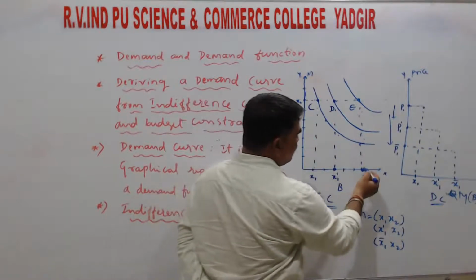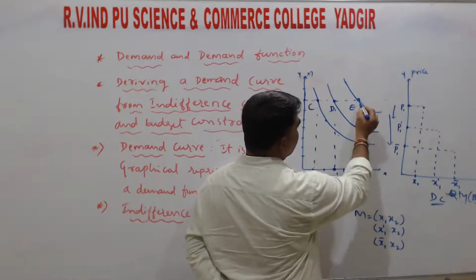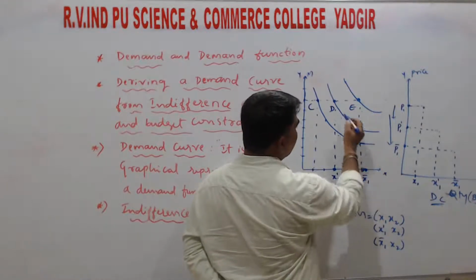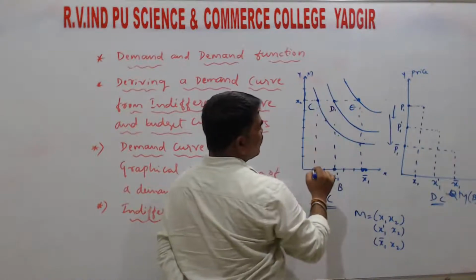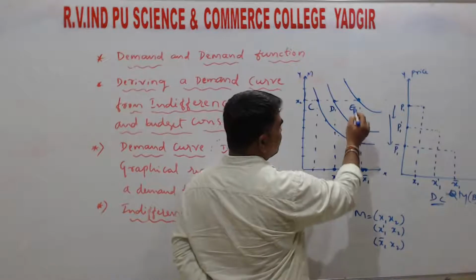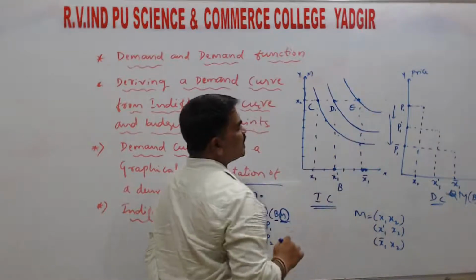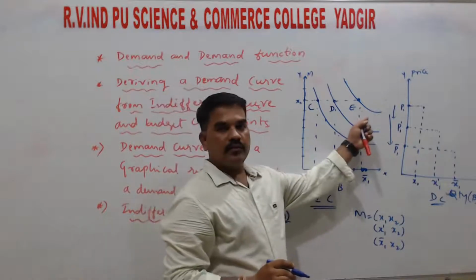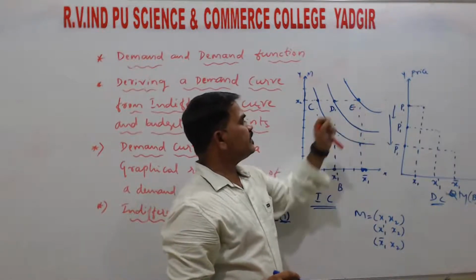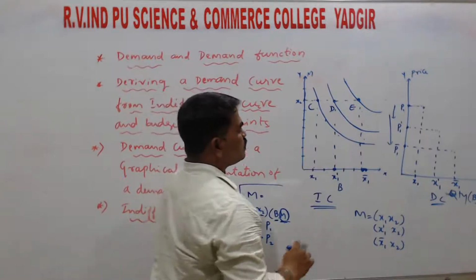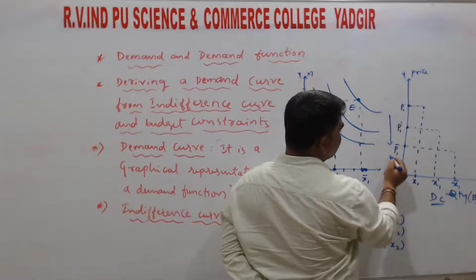If we go further, when there is a reduction in the price, he will get more bananas compared to the D and C bundles. So the consumer will select this E bundle because it gives him more satisfaction and is on a higher indifference curve.